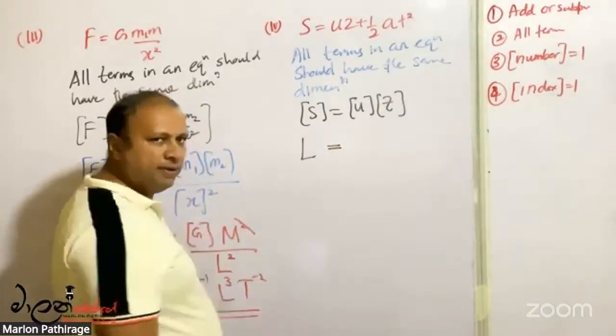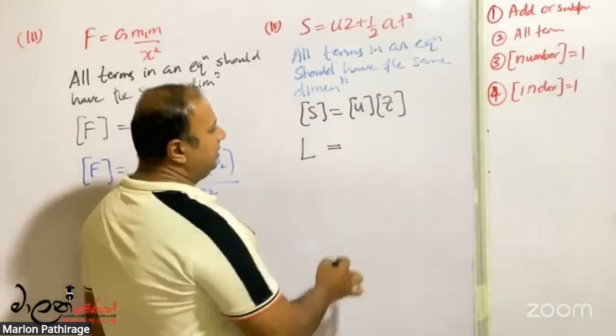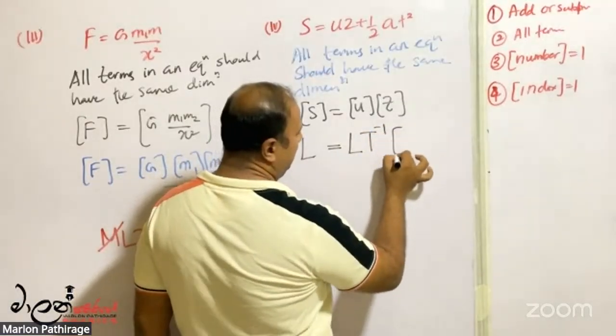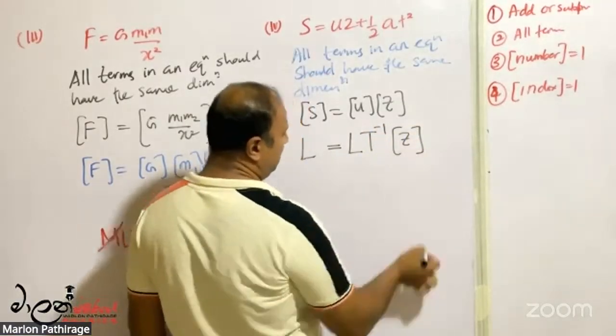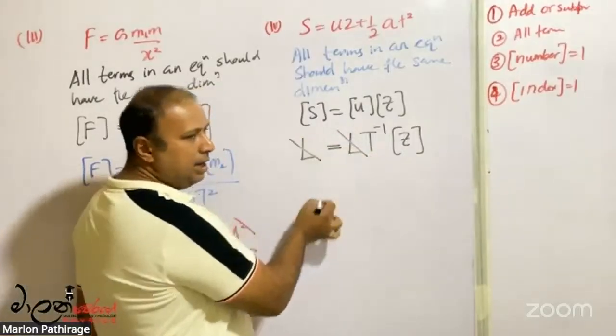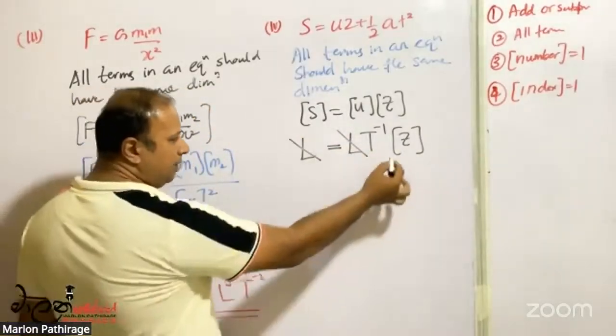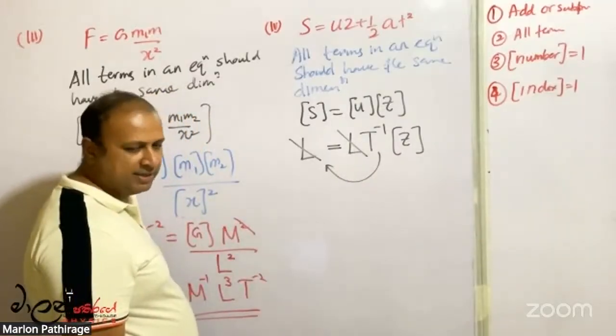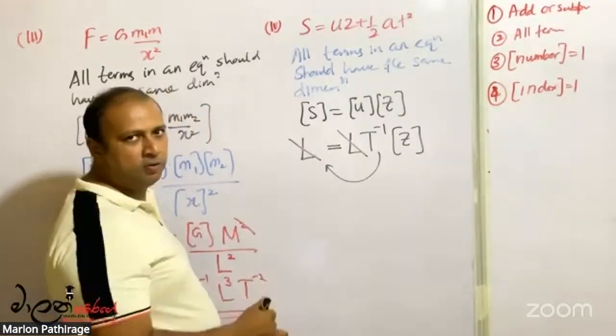Dimension of U is given, no? LT minus 1, into dimension of Z. L to L will be cancelled out. Then you have to take this T minus 1 to the other side. Therefore, it will be positive 1.